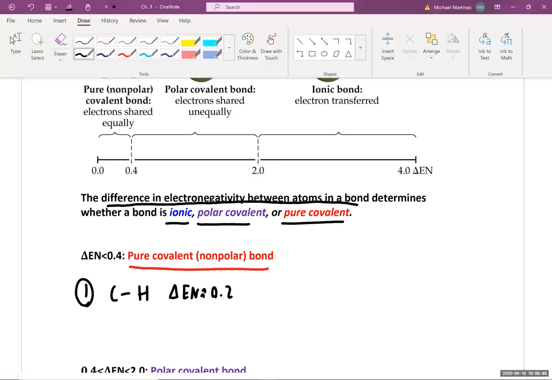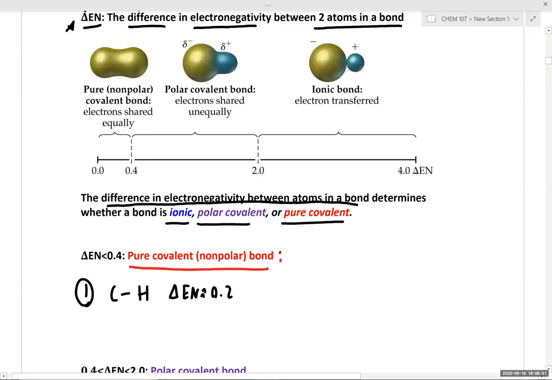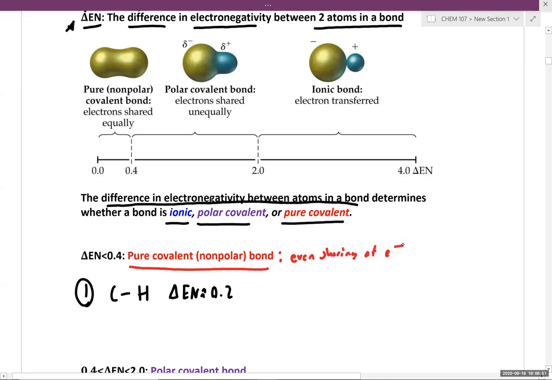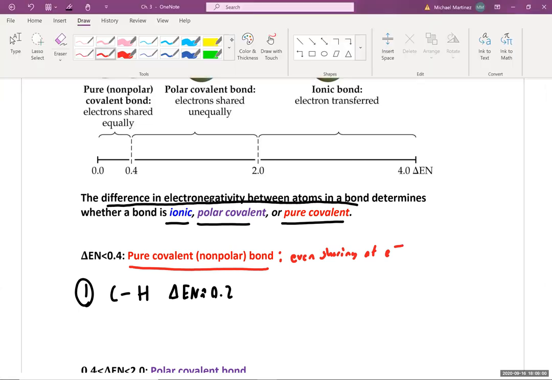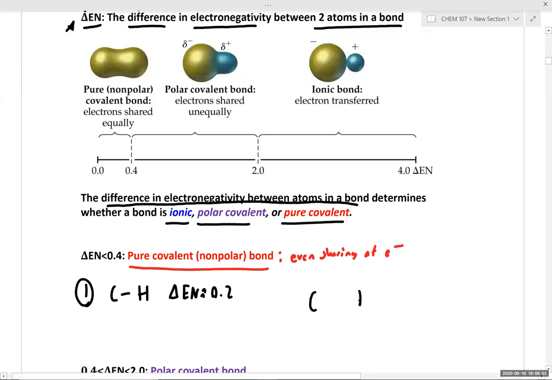A pure covalent bond has an even sharing of electrons. So if we think about a carbon-hydrogen bond, you can think of it as if our electrons are shared equally between atoms. So this is our first case.